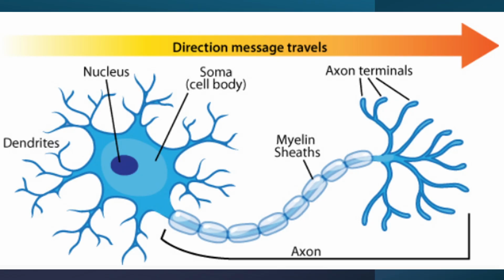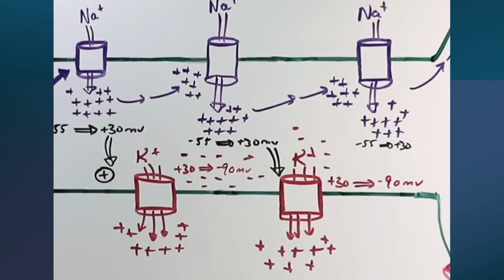Not all cells have a myelin sheath, but basically what a myelin sheath does is speed up the process of sodium cations moving throughout the cell and making the cell more and more positive, and at the same time, right behind them, the potassium ions move throughout the cell, making it more and more negative. This goes relatively slowly for a neuron that doesn't have myelin sheaths. But for neurons that have myelin sheaths, it goes much, much quicker.